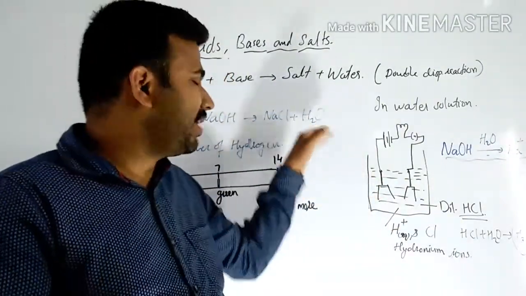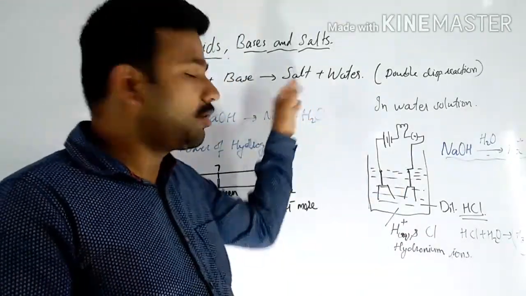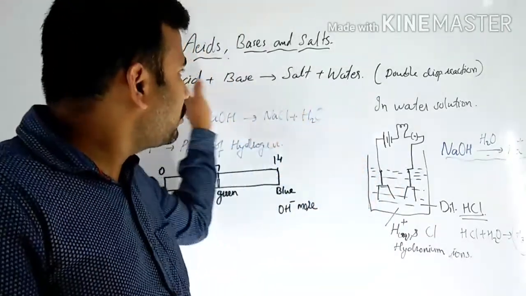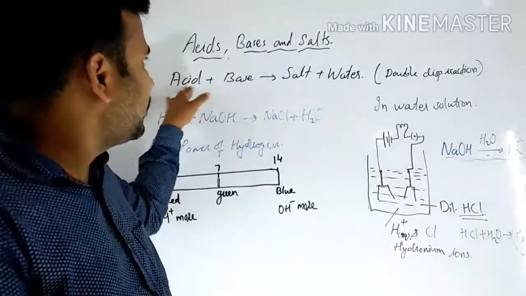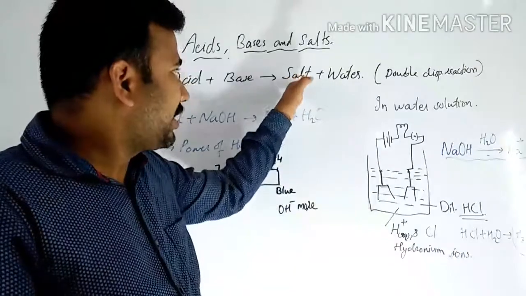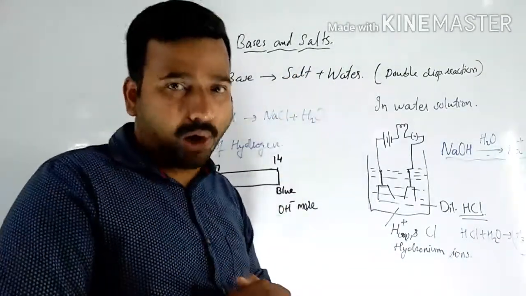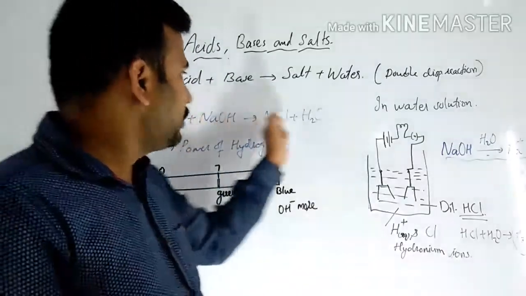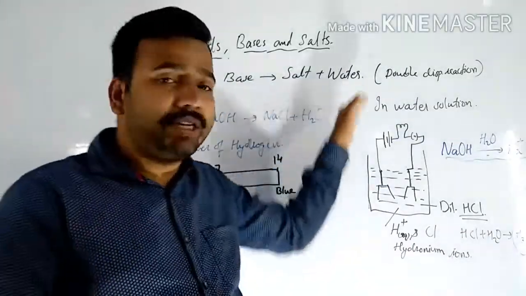One product, sodium chloride, which you are already familiar with, is known as common salt. So as a result of the reaction between acid and base, we are getting salt and water as the products. This is a general equation. Okay, this general equation you need to remember.